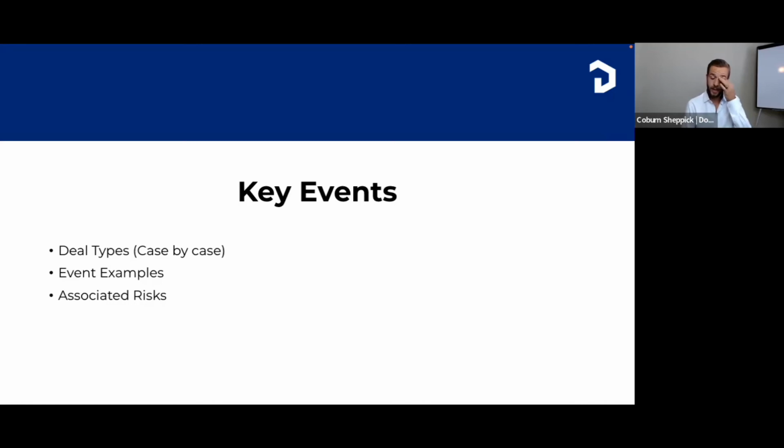If it was a value add deal, for example, it might be remodeling the kitchens or whatever that business plan looks like. And so these key events are very important.